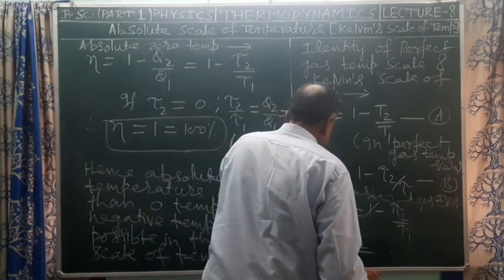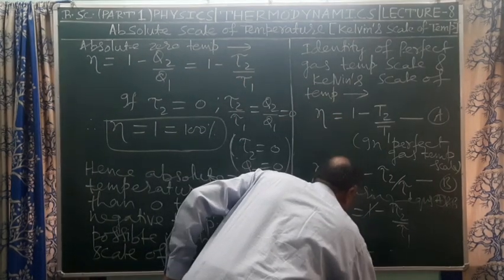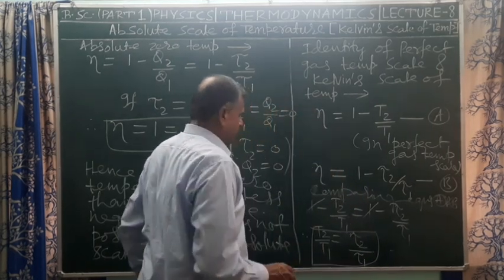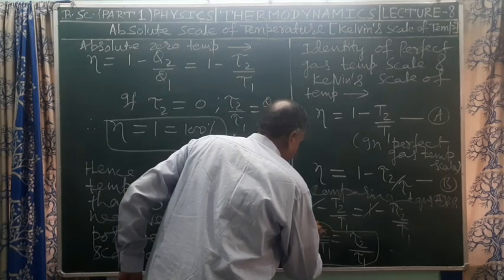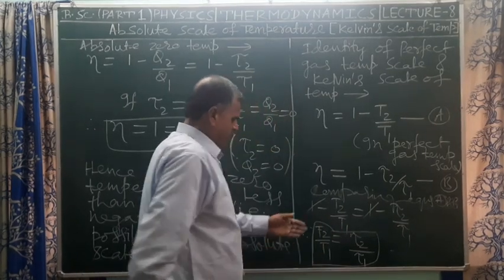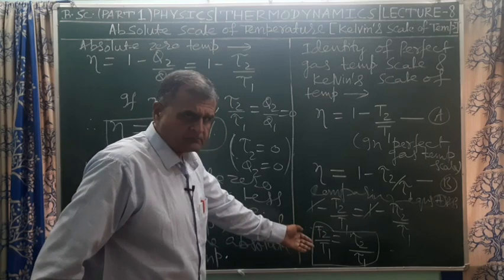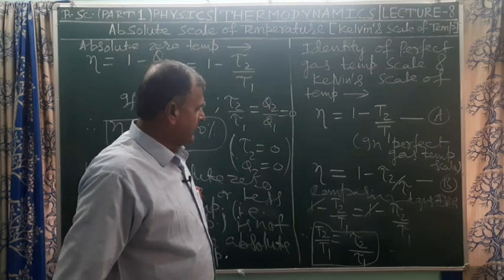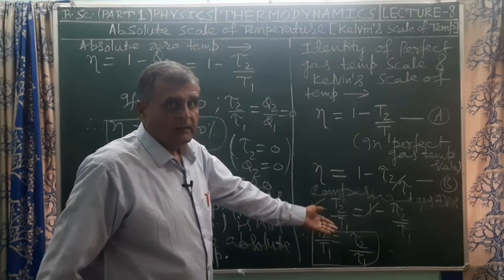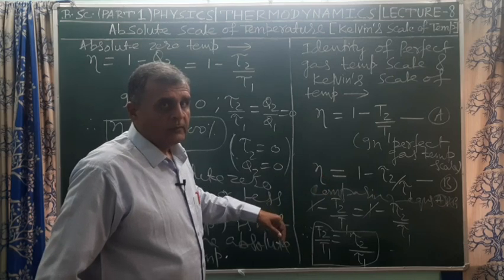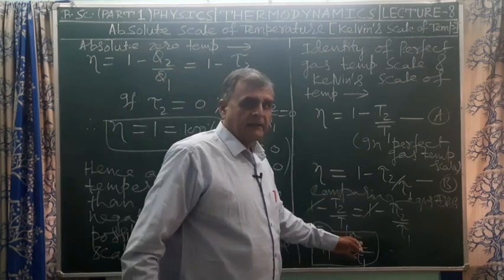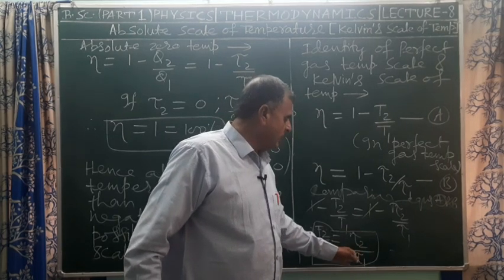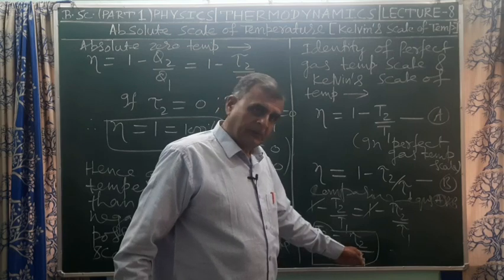That is, the ratio of the temperatures of the sink and the source, T2 by T1, in the perfect gas temperature scale is equal to the ratio tau 2 by tau 1 in the absolute temperature scale.